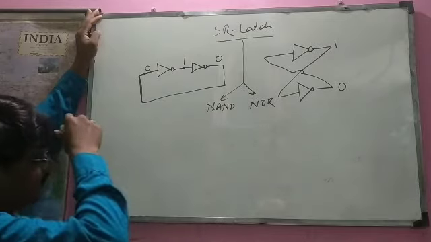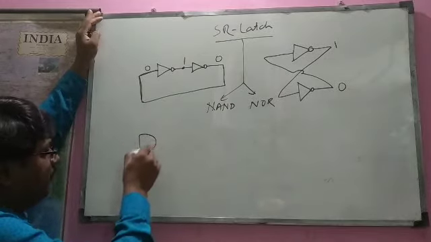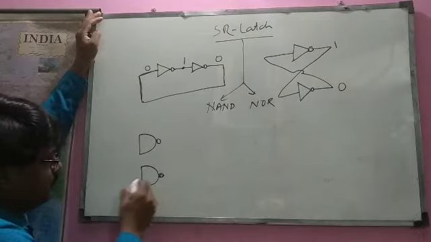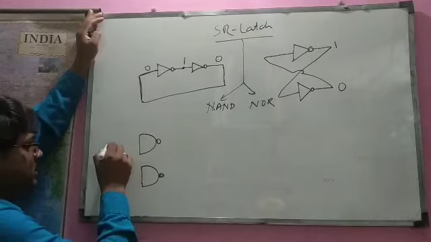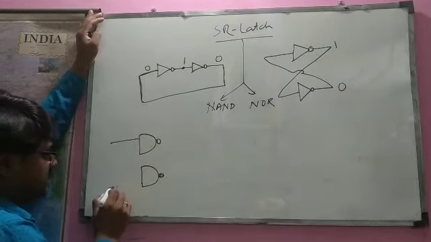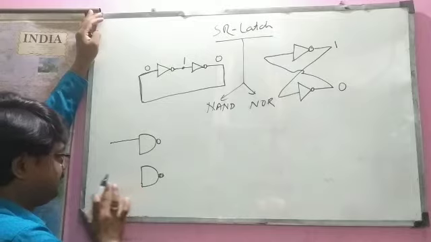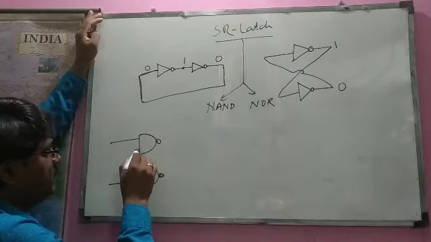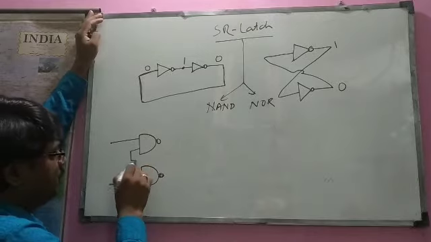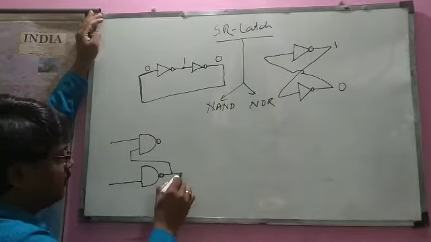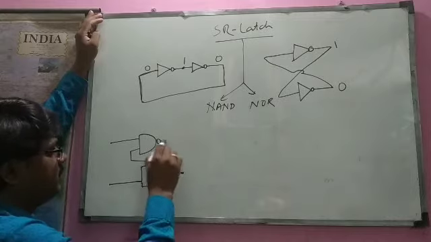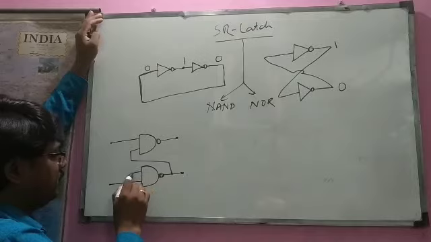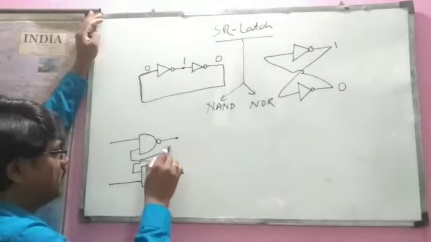Okay, so let us suppose this is your NAND gate, and this is your second NAND gate. Take it here like this, and connect the second input of this logic gate to the output of the other, and connect the second input of this to the output of this.